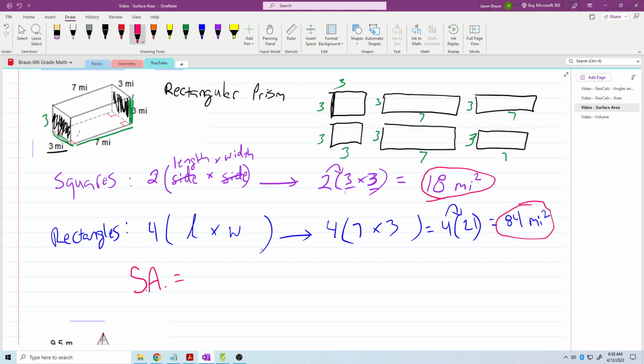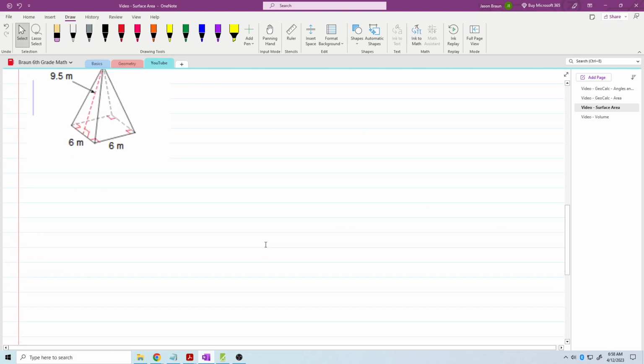But anyway, surface area is 18 plus 84, which I said earlier is 102. That's the answer. Fun, right? Not too bad. The key here is breaking the 3D object down into its component shapes.